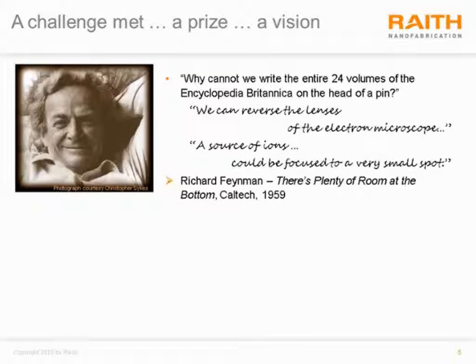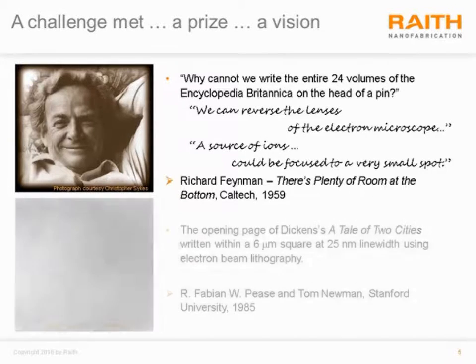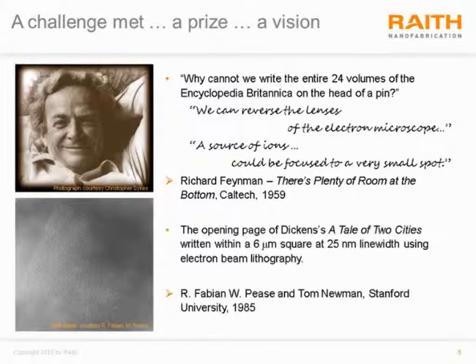He even suggested methods for achieving this goal: reversing the lenses of the electron microscope, or taking a source of ions and focusing them down to a very small spot. And Richard Feynman offered a prize to the first team who would meet this challenge, $1,000 of his personal money.